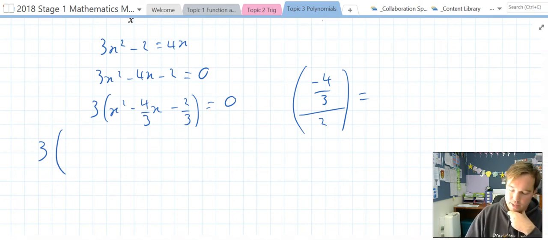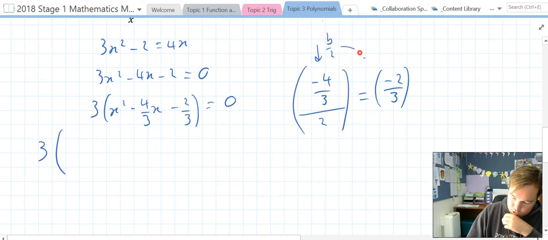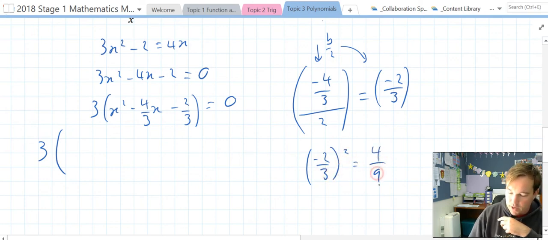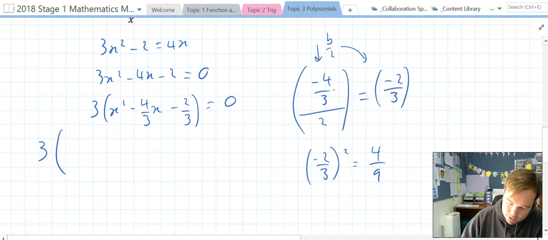So dividing by 2 is the same as halving it, so that's really the same as minus 2 on 3. And so that would be our b on 2 term. And then what we want is the b on 2 squared, which is minus 2 on 3 squared equals 4 on 9. If you want, you can bring that out separately and do keep change flip.